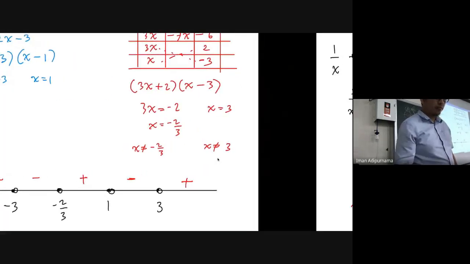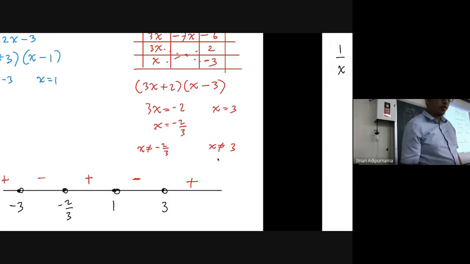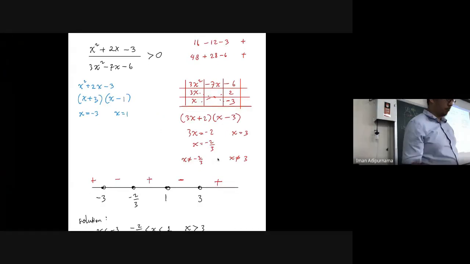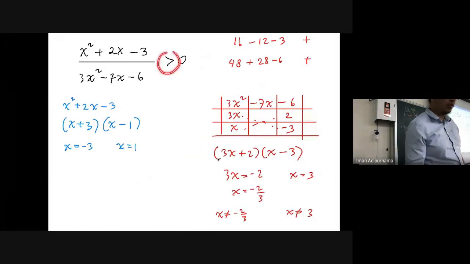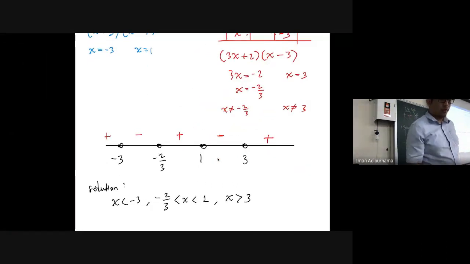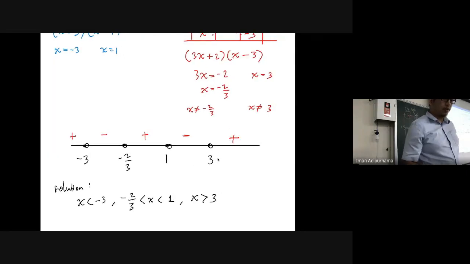I do take some notes here that x is not equal to -2/3 and x is not equal to 3 because of the domain, but because it is not equal to 0, I don't need to take care much of the domain, right? So again, plug in numbers in between here, plug in here, plug in here, plug in here.